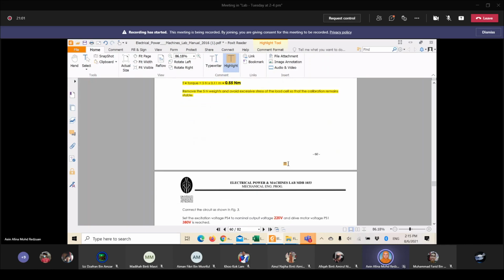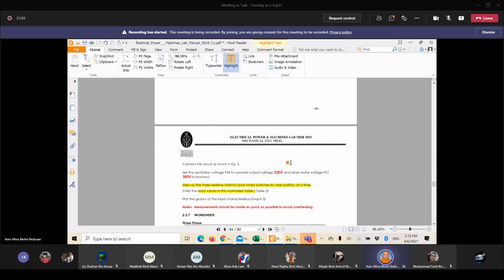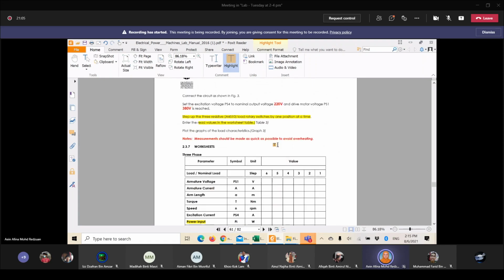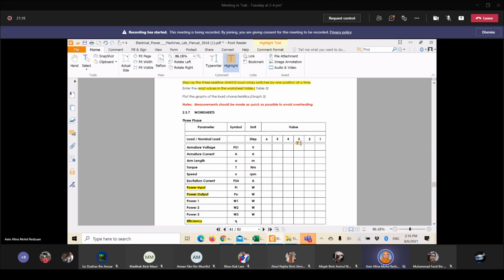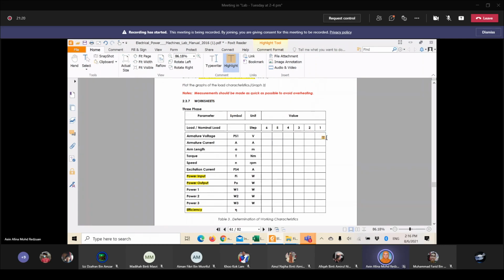All right. And then for the worksheet, we're going to increase the voltage from power supply 4 to 220 volt, for power supply 1 to 380 volt. And what we're going to do is vary the load at the rheostat, load 6, 5, 4, 3, 2, 1.